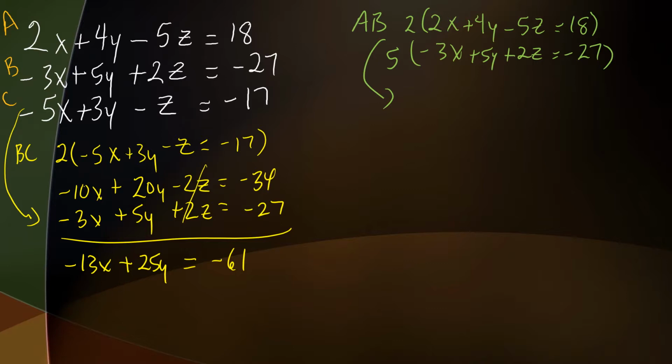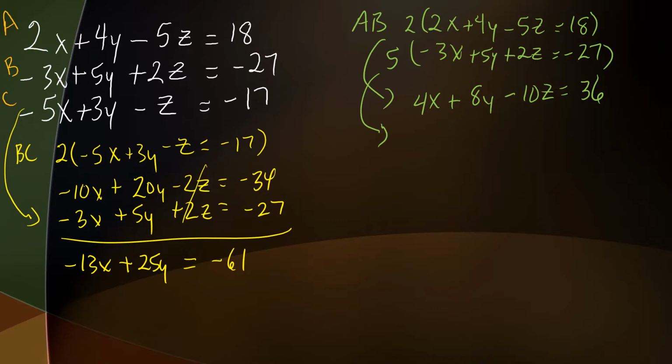What did I do? So let's see, that would give me 4x plus 8y minus 10z equals 36. 2 times 18 is 36. And let's see, I'm going to take this next one, bring it here.